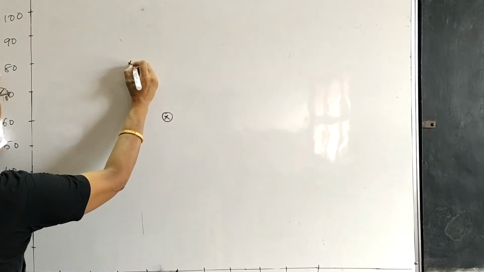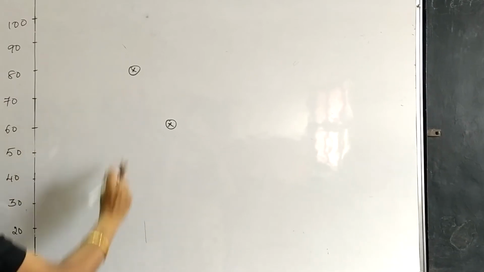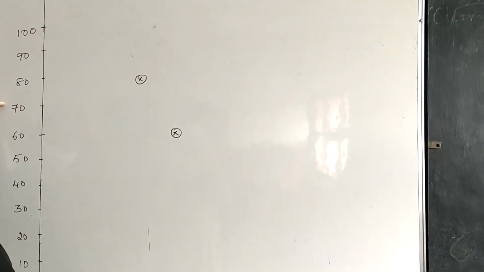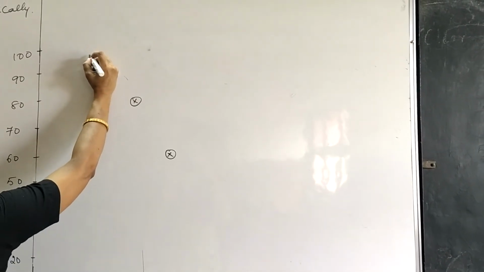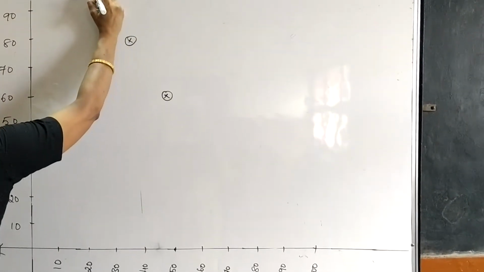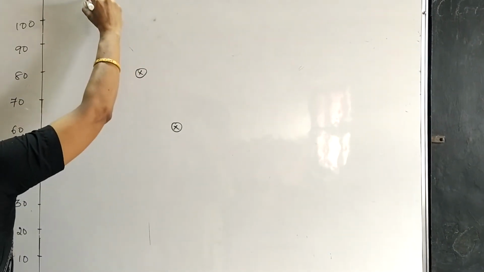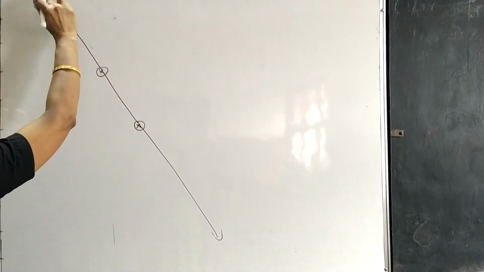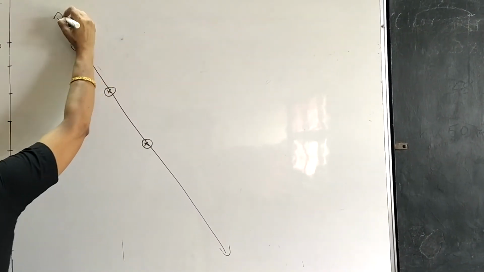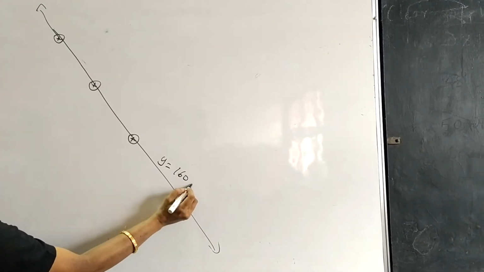Plotting we know very well; last year we had done a good number of graphs on this. X is 30 and y is 100. So we get a straight line. What is the equation of this straight line? Y is equal to 160 minus 2x.